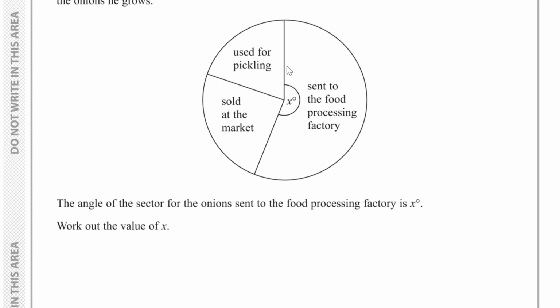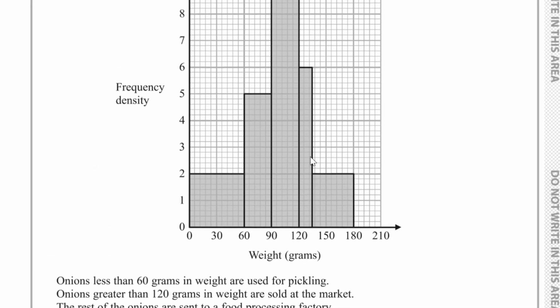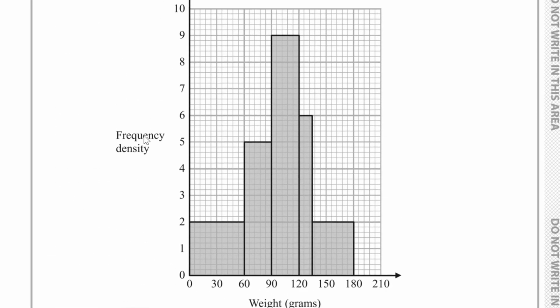Well, for this, we need to work out the total frequency, and also work out the amount that corresponds to the onions that are sent to the food processing factory. And to do that, we need to make use of the formula that relates the frequency density to the class width.